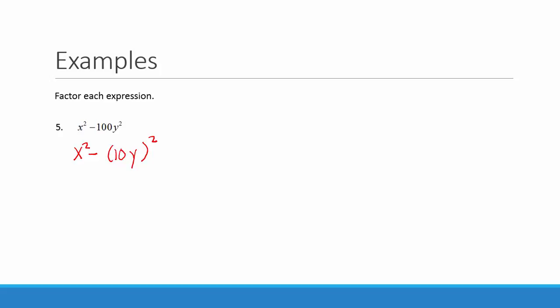So for our formula for difference of squares, our a is going to be x, and our b is going to be 10y. And recall, if we are factoring a difference of squares, we use this formula, a plus b, quantity, times the quantity a minus b.